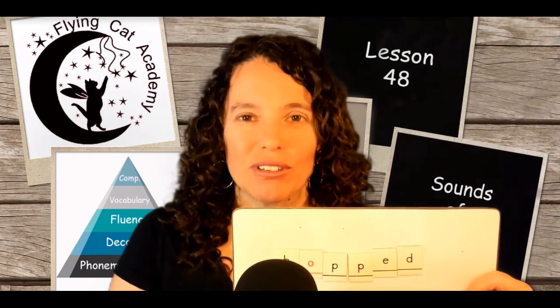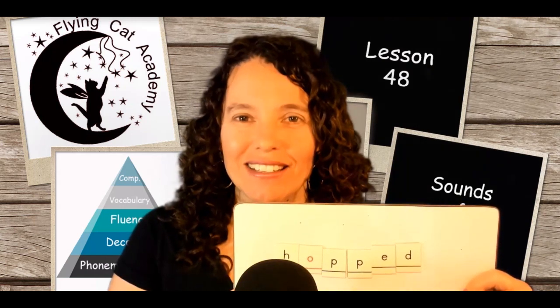Now, when I say this word, listen really carefully. Hopped. The bunny hopped. Now you try it. Say the word hopped. How does the ed sound in the word hopped? Do you notice that it doesn't sound like ed?